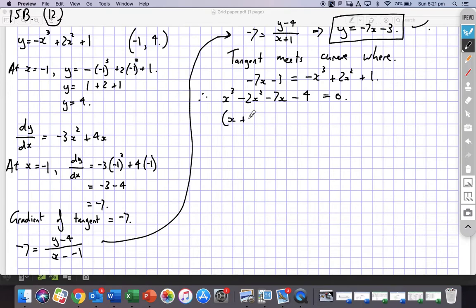I know this is a factor of this particular cubic, right? Because it's a root of the cubic, and I can write roots in factorized form, and you've done this before when you did polynomials, right?